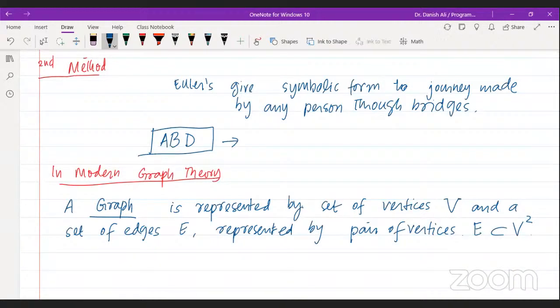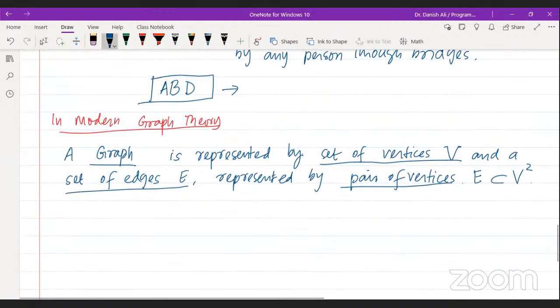So you can represent a graph by a set of vertices, which you denote by V, and the set of edges, which are pairs of vertices. Okay, so this is the so-called graph.